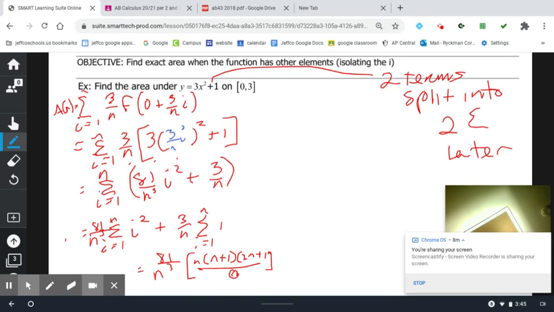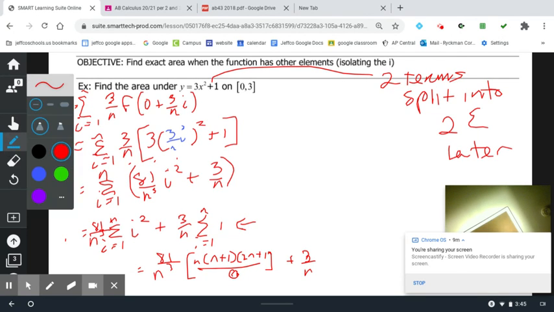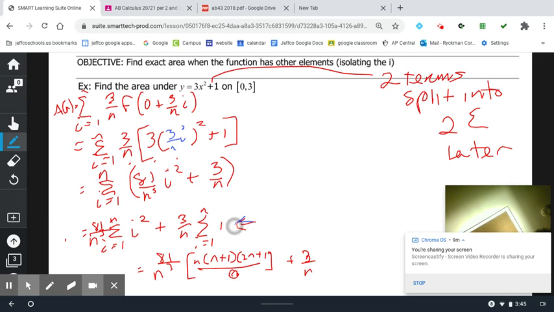The second one requires you to either use a formula or use your noggin here. This guy, let's go to blue. This guy really means a whole bunch of ones added. So when i equals 1, you put in a 1.